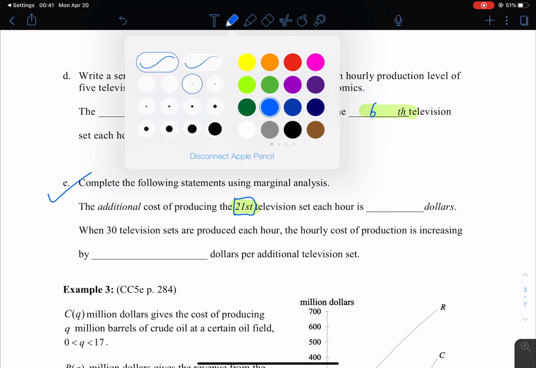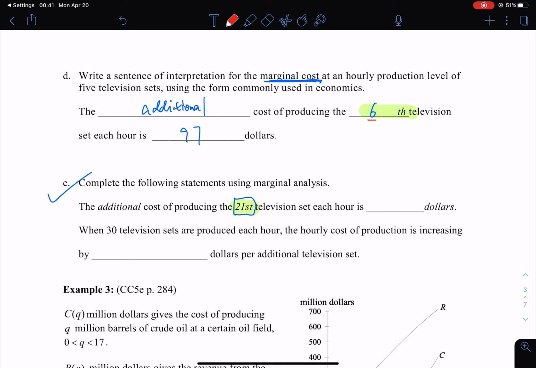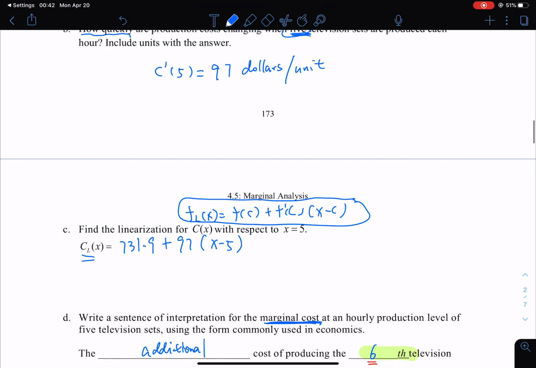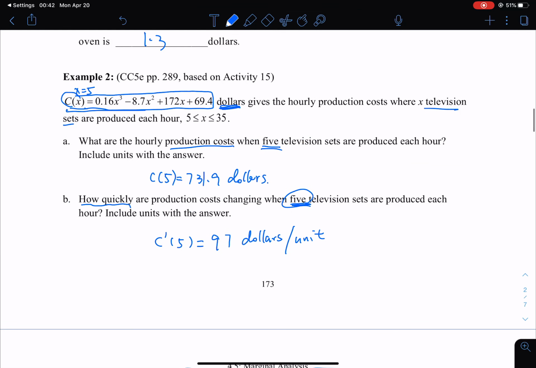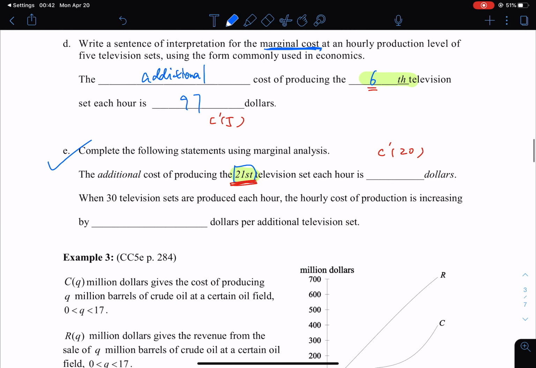But 97 is C prime of 5. So similar, this is 21st, then this part should be C prime of 20. Because C prime of Q means the Q plus first. So we have to plug in x is 20 instead of 21. So pay attention to question E. Then we are given C of x. So use your calculator, then we get 60.